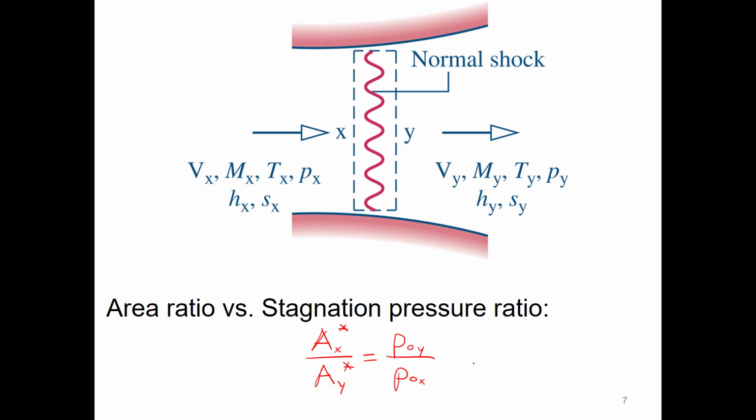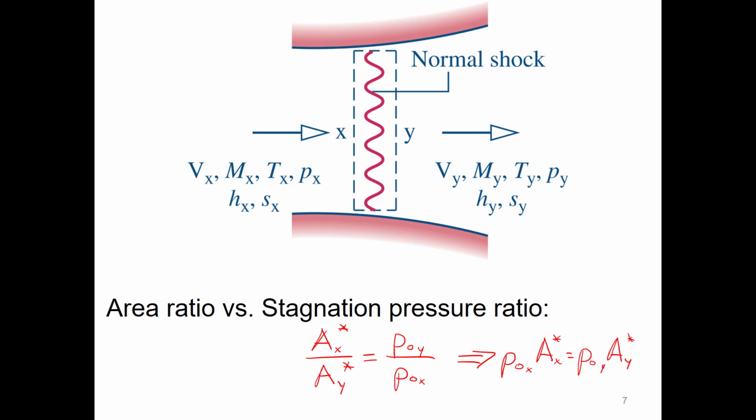As you can probably see, this could also be written as the stagnation pressure on the upstream side times the area on the upstream side equals the stagnation pressure on the downstream side times the area of our throat on the downstream side.